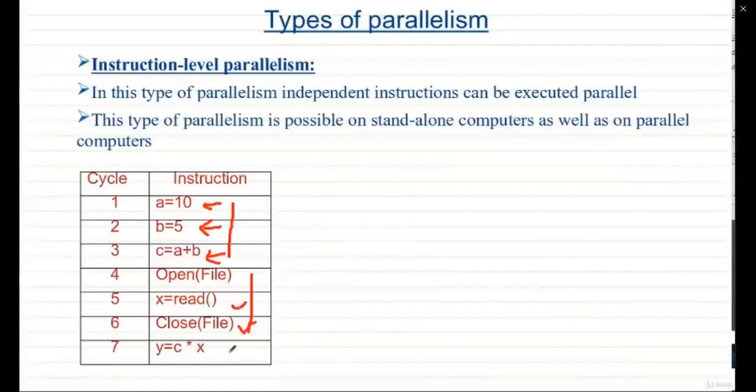Instruction number 7 adds the results from the above operations.